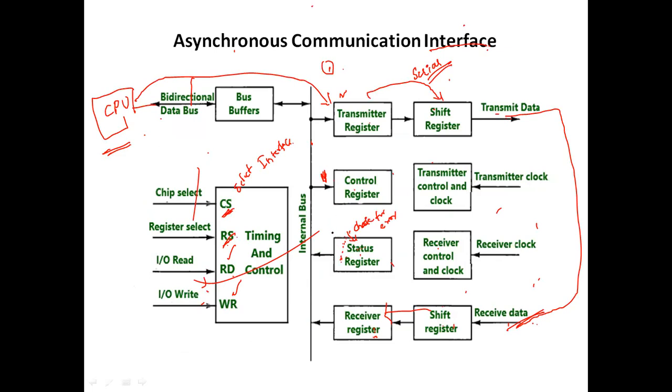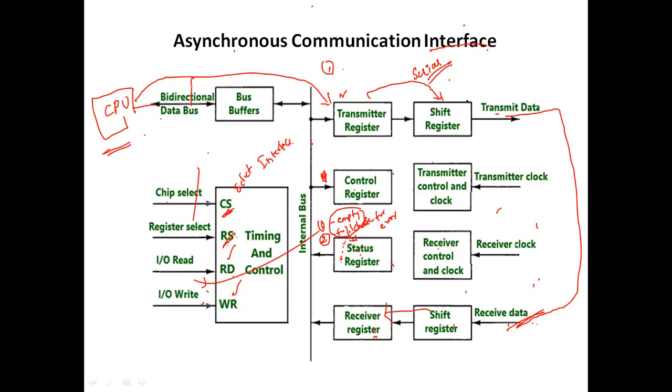The first bit is used to check whether the transmitter register is empty, and the second bit is used to check whether the receiver register is full. If these two cases are there, we can't transfer any data. Why?